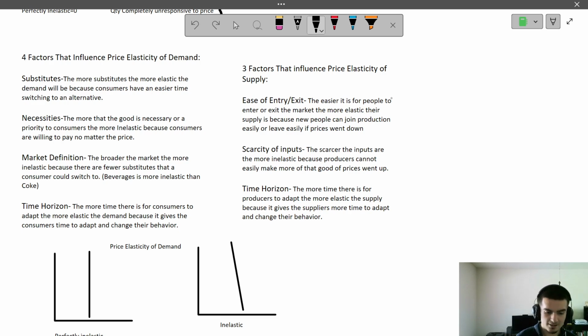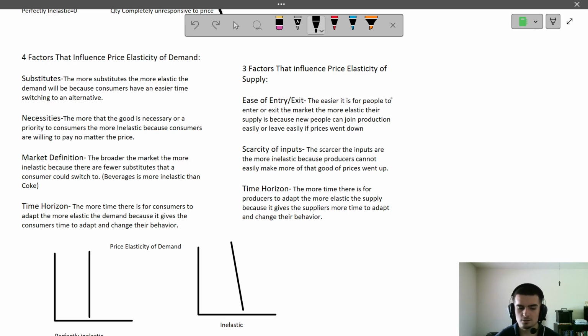Okay. Next is market definition. The broader the market is, the more inelastic it is, because there are fewer substitutes that a consumer could switch to. So the demand for beverages is more inelastic than the demand for Coke, because for beverages, everyone has to drink, so it's a necessity, and there's no substitute for drinking something. Everyone needs to drink something.